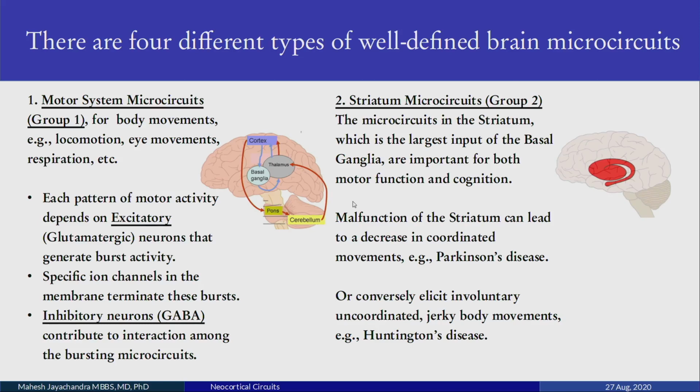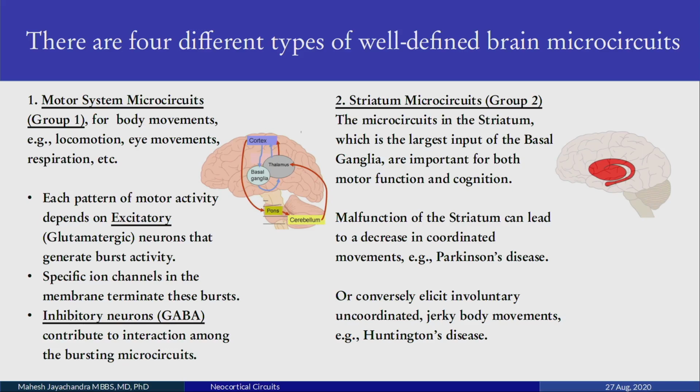The next major group of circuits are the striatum microcircuits. This is the largest input for the basal ganglia, which you studied earlier in gross anatomy, and it's important for both motor function as well as cognition. For example, this is the striatum in the schematic over here. It's a curved structure. Malfunction here can lead to, for example, Parkinson's disease, which usually occurs in older people, and they have difficulty in walking.